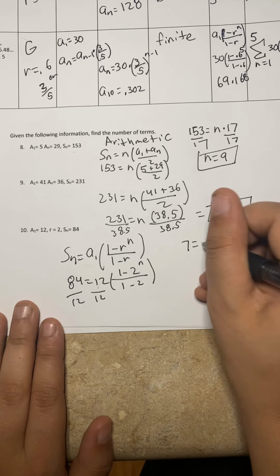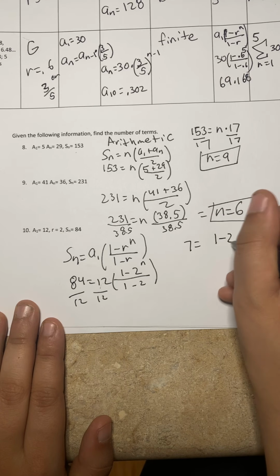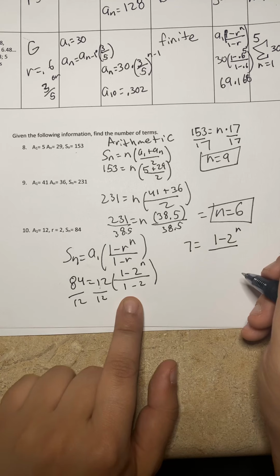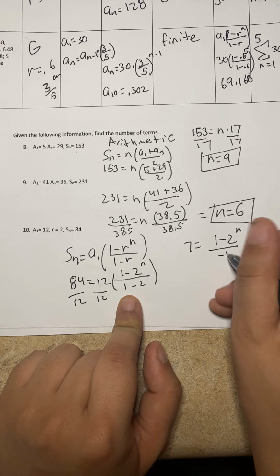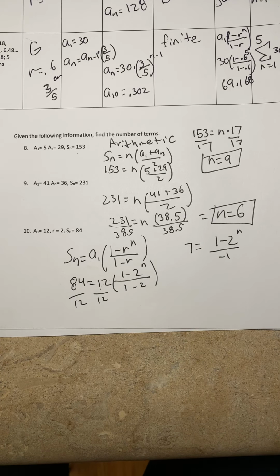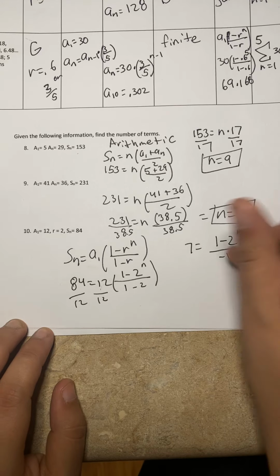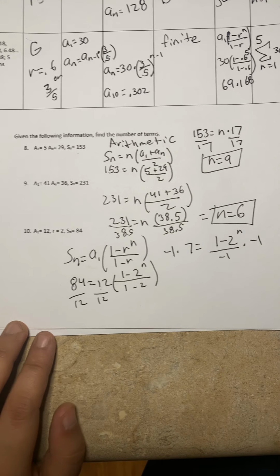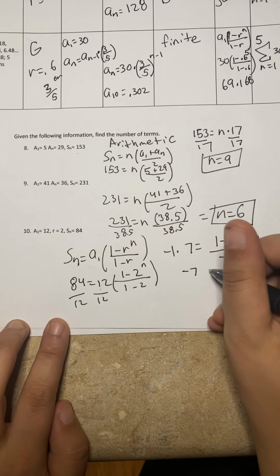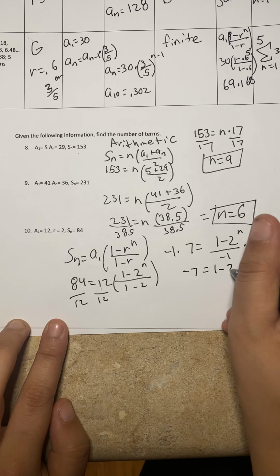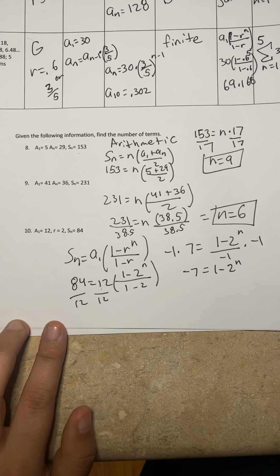So that's 7 equals 1 minus 2 to the n over, and I'm going to simplify 1 minus 2, which is negative 1. And then we start solving. I'm going to multiply by negative 1 on both sides because we don't like the fraction, so we get rid of it. That becomes negative 7 equals 1 minus 2 to the n. Okay?